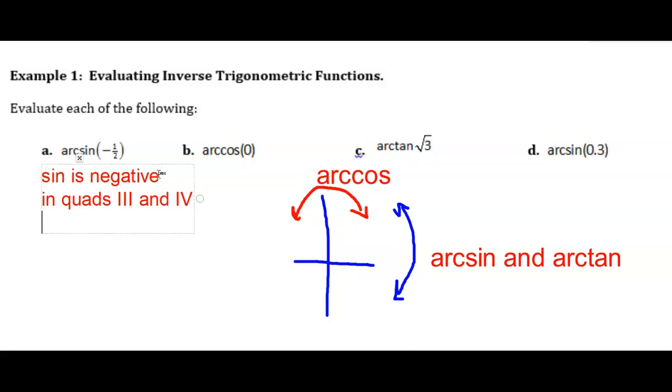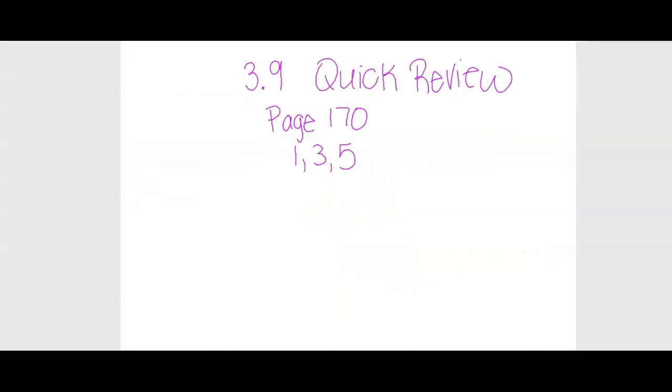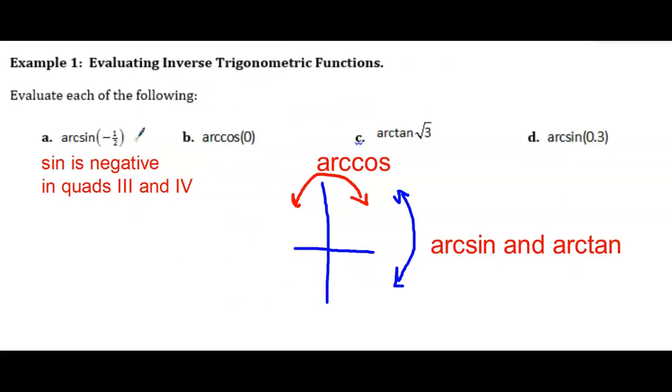But because of our rule that arc sine can only come from quadrants 1 or 4, arc sine is equal to negative 1/2 when theta is in quadrant 4 and is 11 pi over 6. So our answer to letter A is 11 pi over 6.